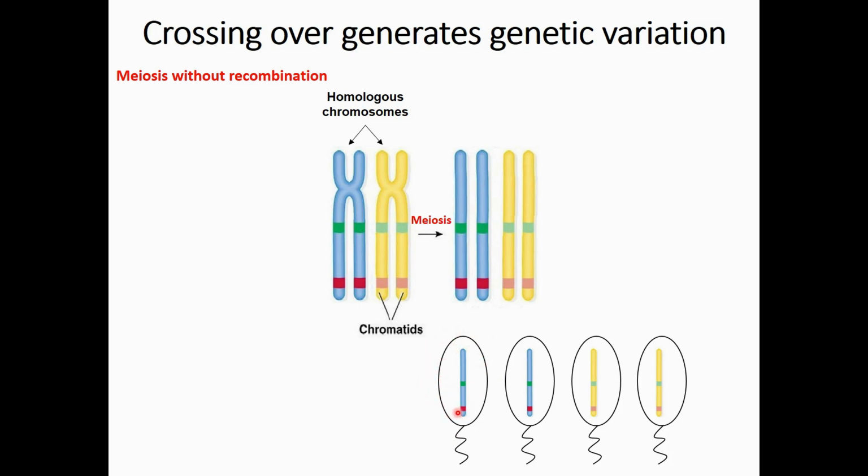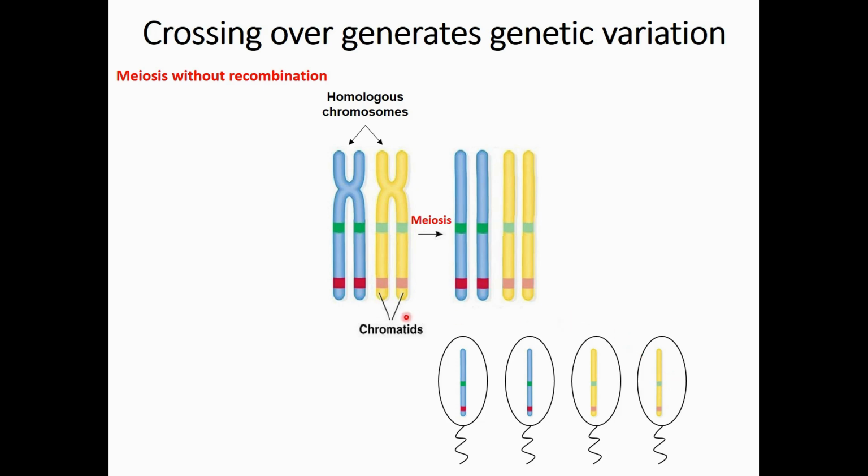In this case, I'm representing sperm cells. It could be also eggs. And you can see we start with these 4 chromatids, and each one of them is inherited in one of the sperm, which then would go and fertilize an egg and bring half of the genetic information.